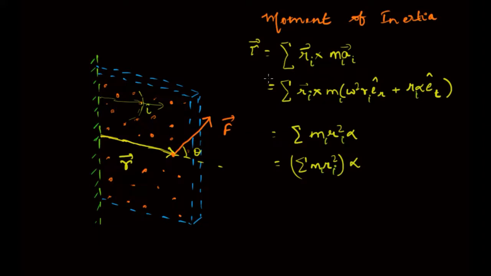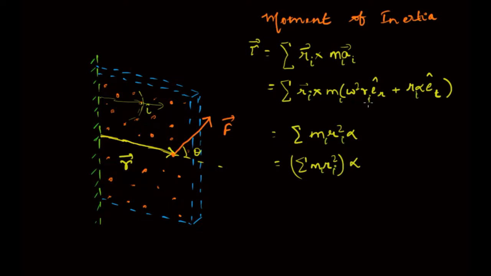So the net torque on the entire door will be what? Summation of all the torques on each of these particles, which will be ri vector cross mi into ai vector, right? Now, since each particle moves in a circular motion, what is the acceleration of a particle moving in a circular motion?